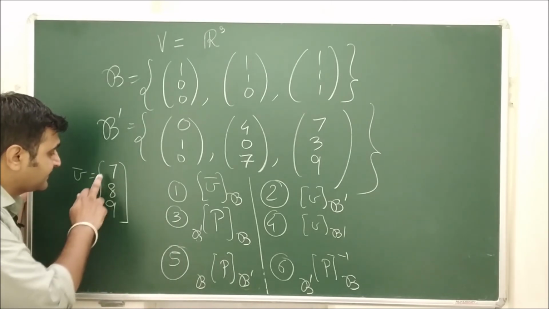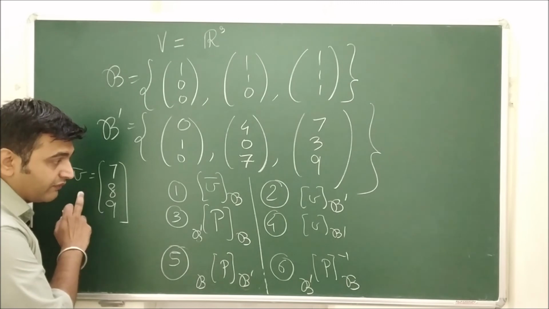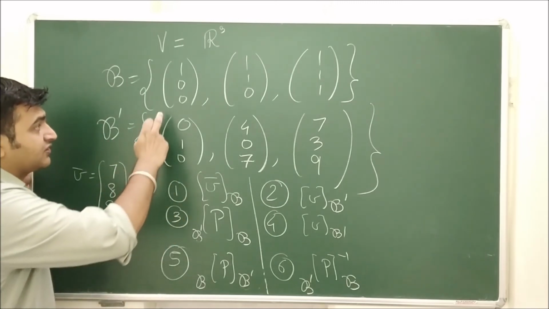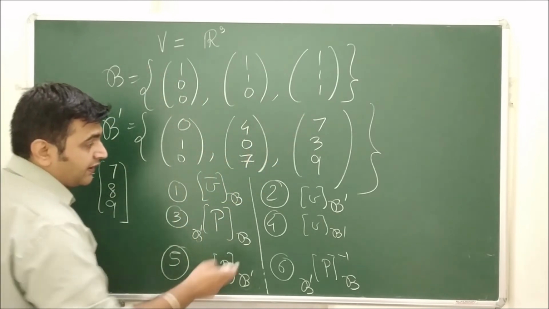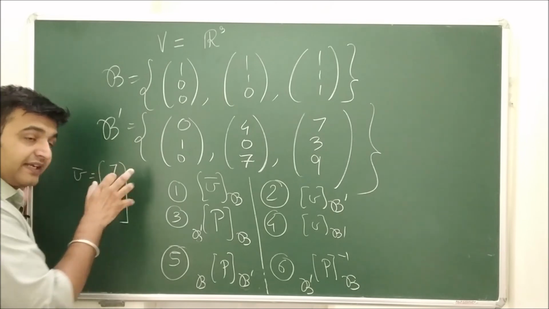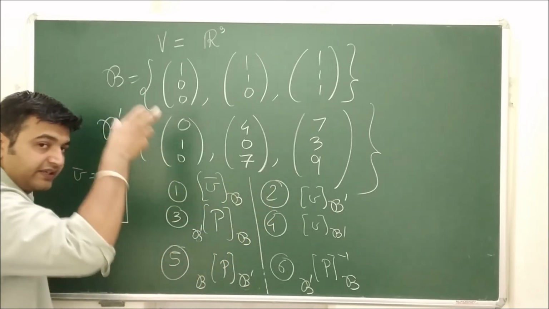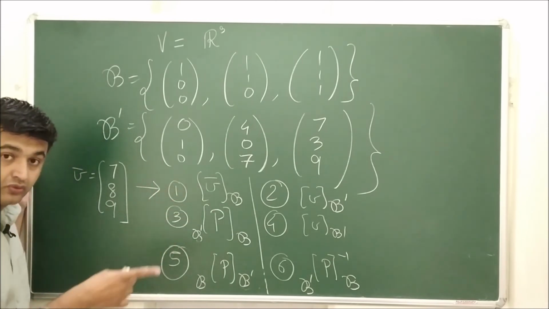Let me take V bar as 7 8 9, a vector from R3. You have to tell me the coordinate vector of V with respect to B by our usual method: write it as a combination of this plus this plus this and write down the coordinates. Then you find V with respect to B prime, again by the standard method. Write V bar as a combination of these three and write down the coefficients column wise. This is by our standard methods 1 and 2.